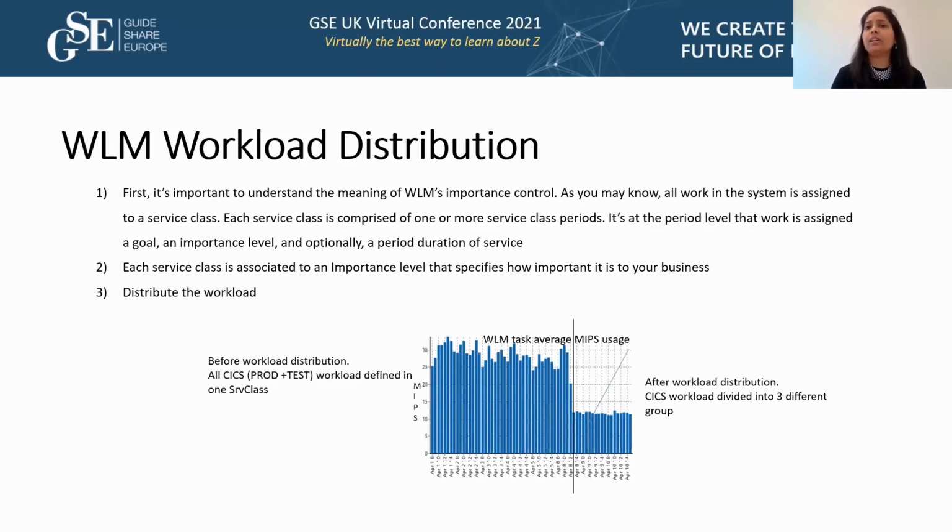At the period level, that work is assigned a goal and importance level, and optionally a period duration of service. Each service class is associated with an importance level that specifies how important it is to your business.